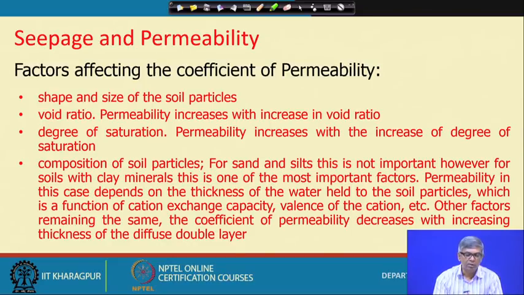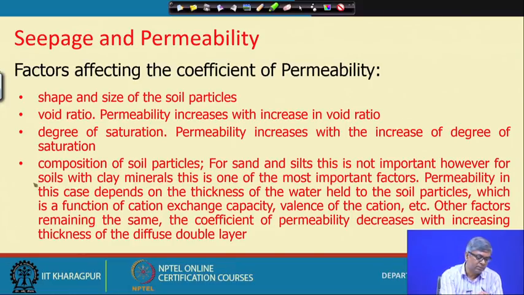And composition of soil particles. For sand and silt, this is not important. However, for soils with clay mineral, this is one of the most important factors. Permeability in this case depends on the thickness of the water held to the soil particles, which is a function of cation exchange capacity.